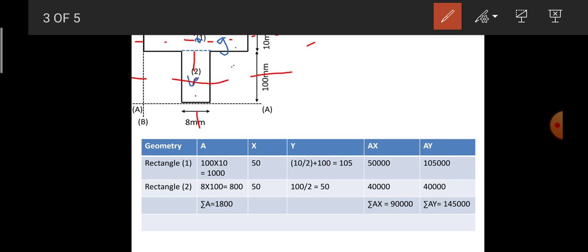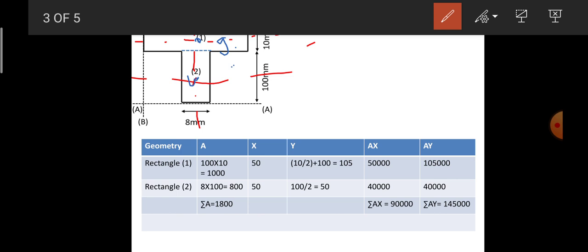This blue dot in the first rectangle represents the individual centroid of rectangular section 1. With reference to that, if I draw the axes with reference to the respective centroids, I get the calculation of x and y.